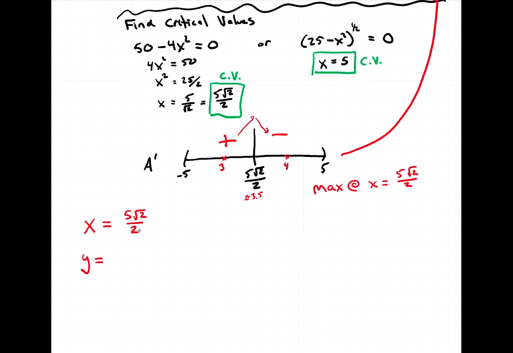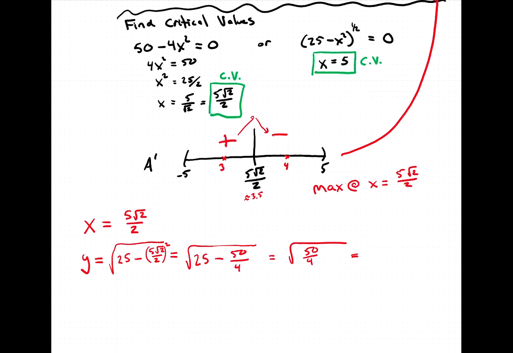And if we plug that in to our original function for y, the square root of 25 minus this value squared, let's work it out. 25 minus 5 root 2 over 2 squared, that's 25 times 2 is 50, so 50 over 2 squared, which is 4, which is the square root of 50 over 4, which is equal to 5 root 2 over 2.